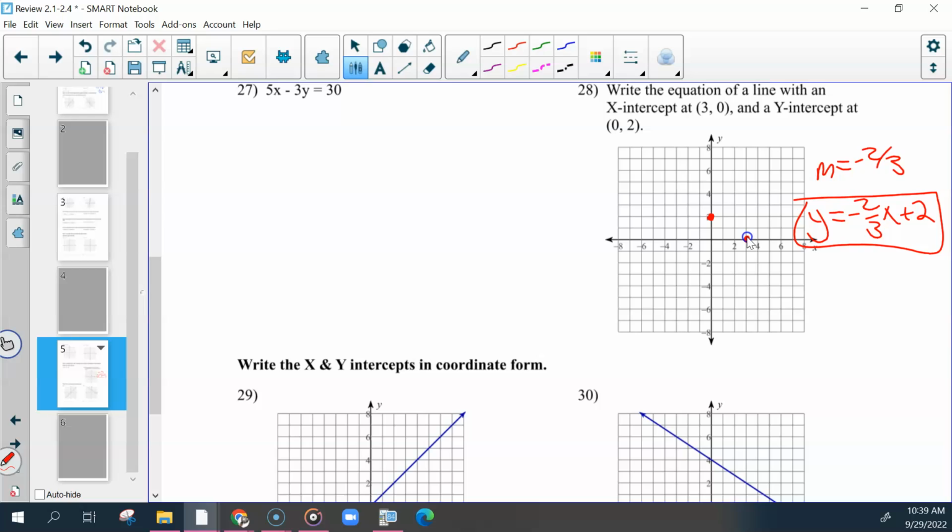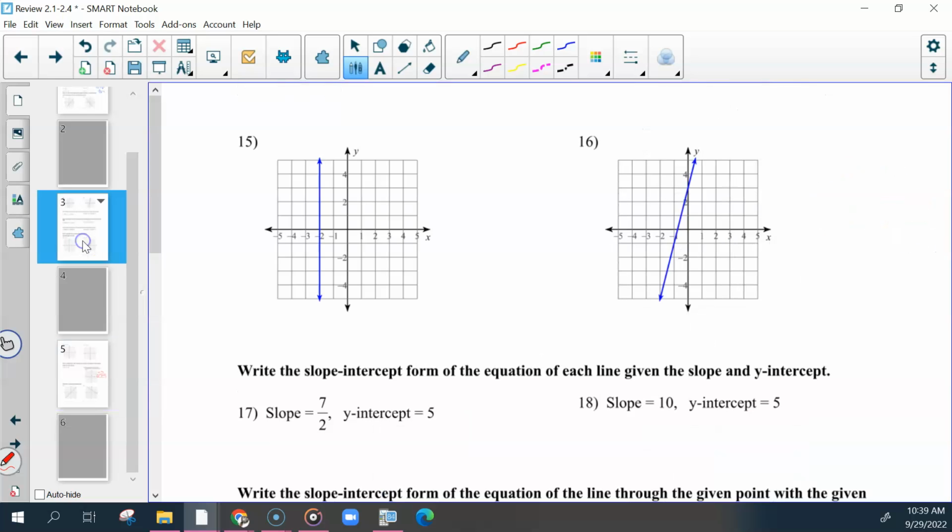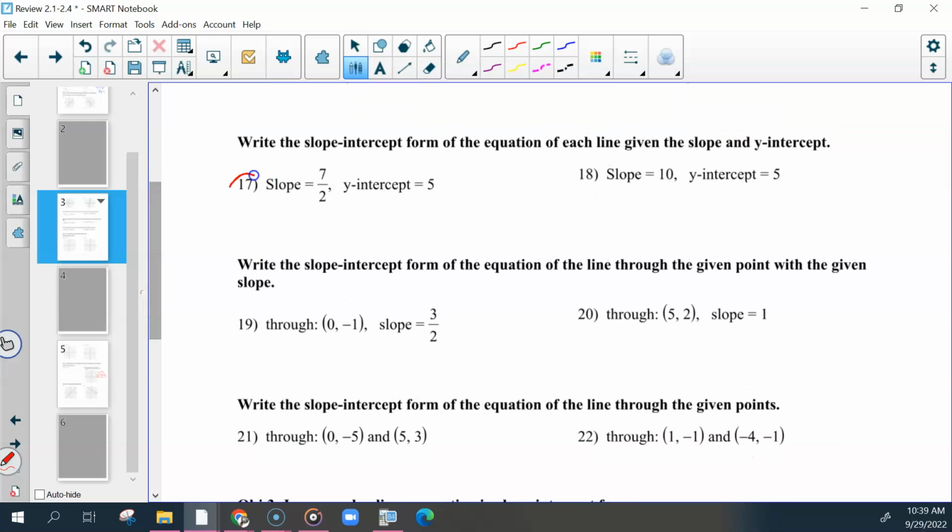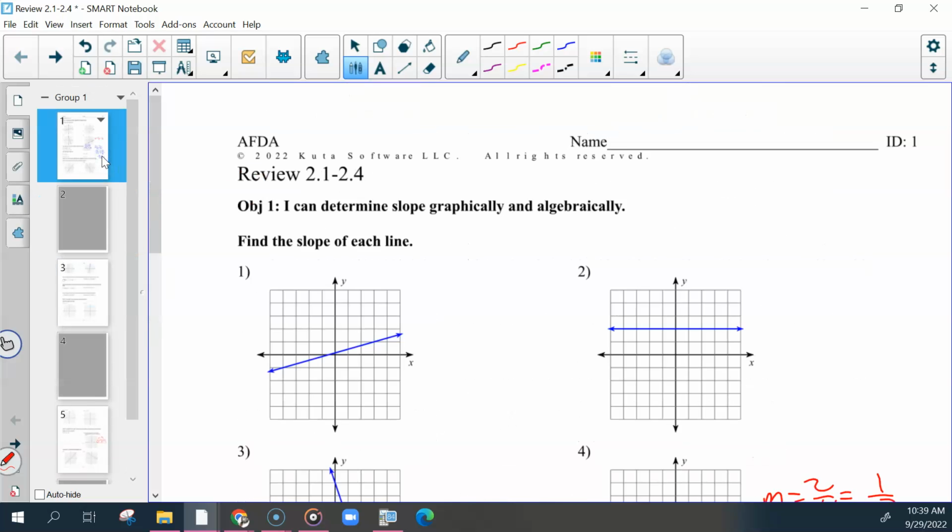If you want to just go over it so you remember how to do it, that's fine. 17. Which one were you going to say? 9. 17 and 9. We'll do 9 first, then we'll come back to 17.